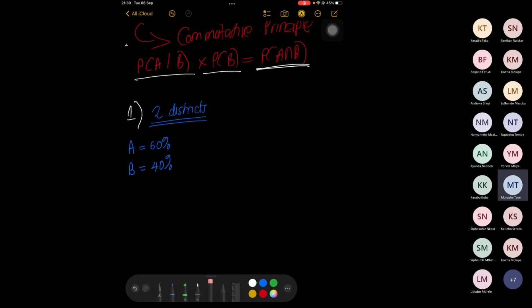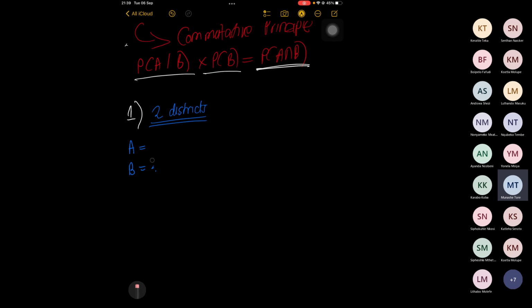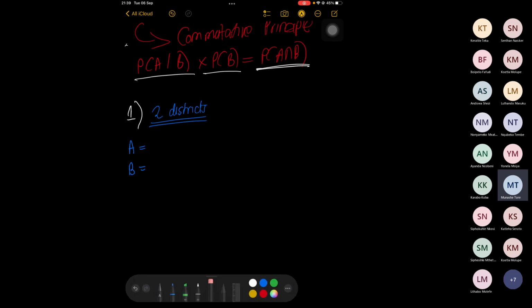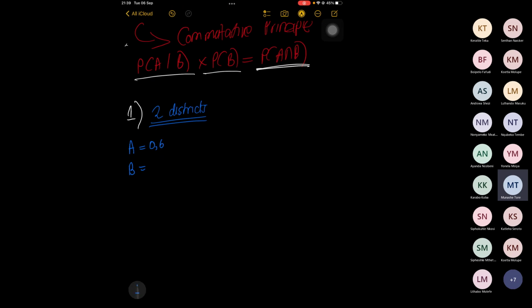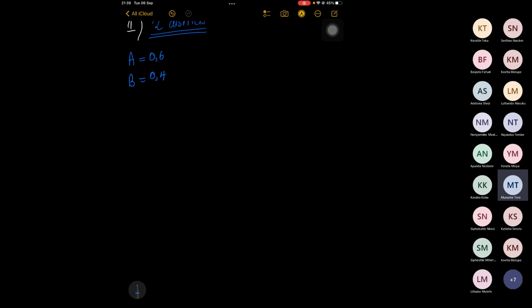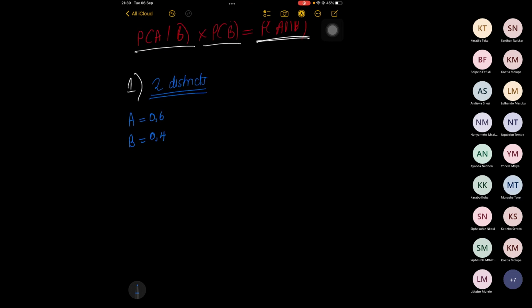So in this case, knowing very well that you are dealing with probabilities, you can write these as decimals. There's no reason to write the percentages. So just 0.6, then in this case it's 0.4. This is the first information that you have. Then they tell you that of all the calls coming from A, isn't it? So now they are saying of all the calls coming from A, let me write P here.